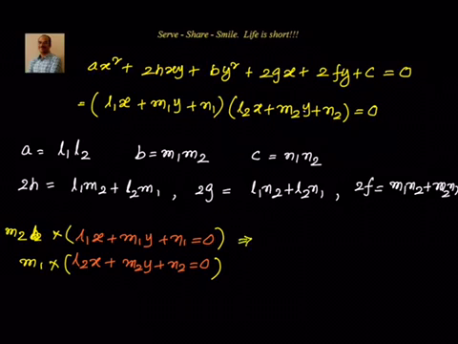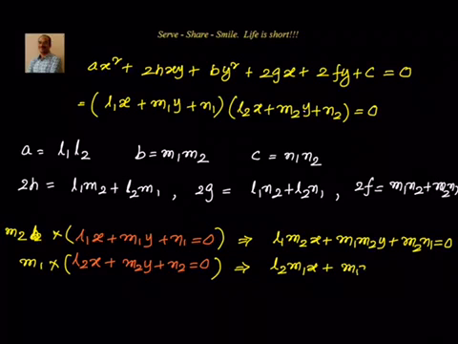My equation will become L1 M2 x plus M1 M2 y plus M2 N1 equal to 0. The other equation will become L2 M1 x plus M1 M2 y plus M1 N2 equal to 0. We made sure that we eliminate y, which is why we multiplied so that the y terms are the same.